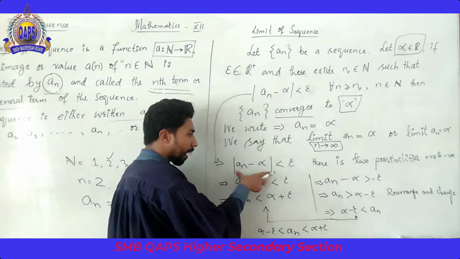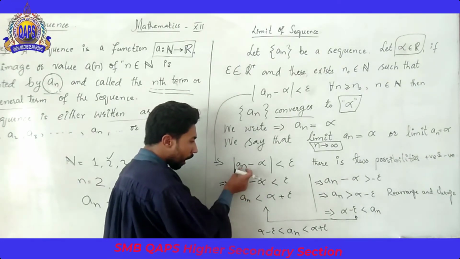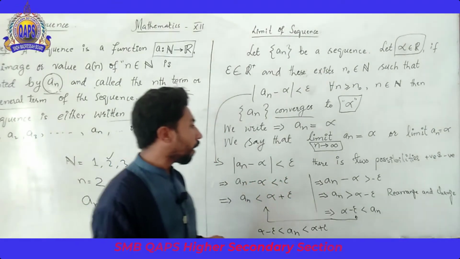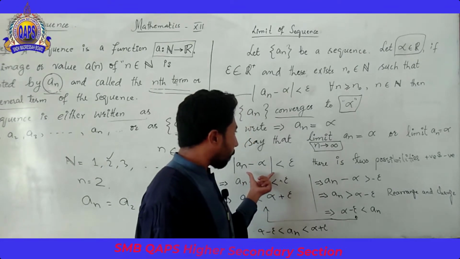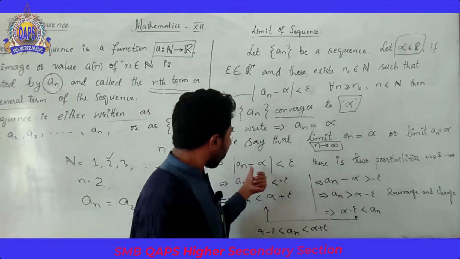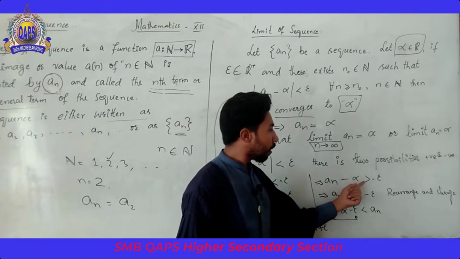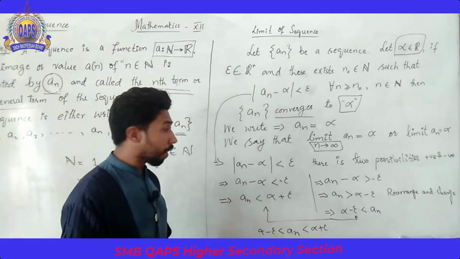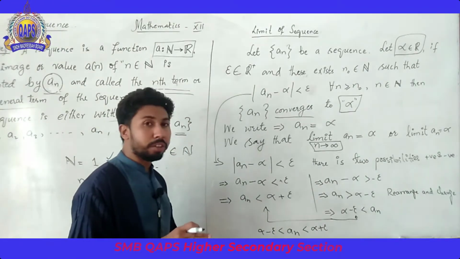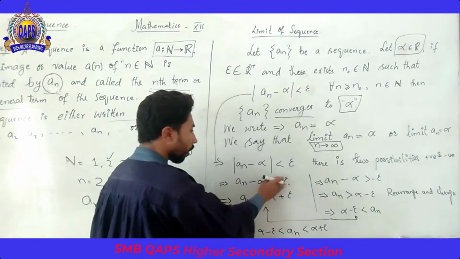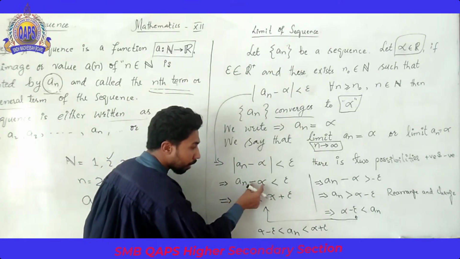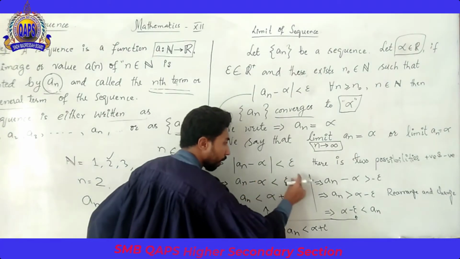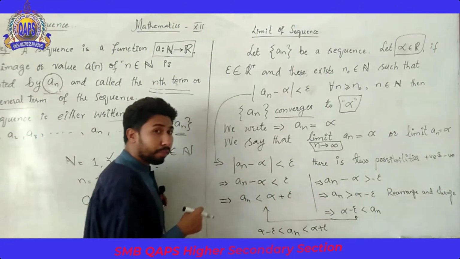First, when we break the modulus, a_n minus alpha is less than epsilon, which is the positive case. Second, a_n minus alpha is greater than minus epsilon, because the sign changes. Where alpha is negative, when we move this alpha to the other side, it converts into the positive sense.